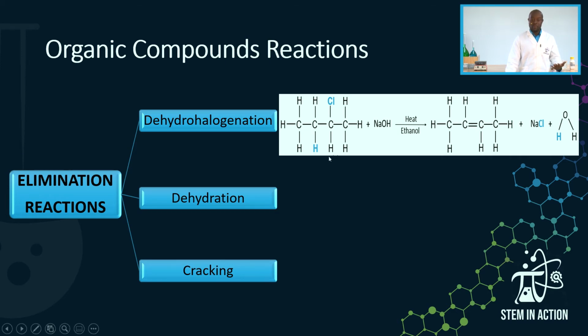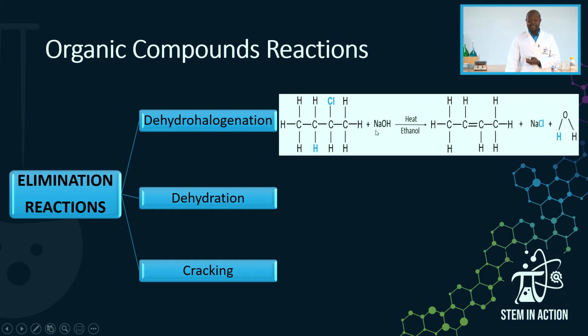And for this reaction, we use sodium hydroxide or any base, and we also apply ethanol and some heat, and we get that product, which is a double bond, and we have got two other byproducts, which is sodium chloride and water. And I want you to notice that this is our base, so the sodium is going to get bonded to the chlorine, and then the OH in the sodium hydroxide is going to be bonded to the hydrogen to form water.